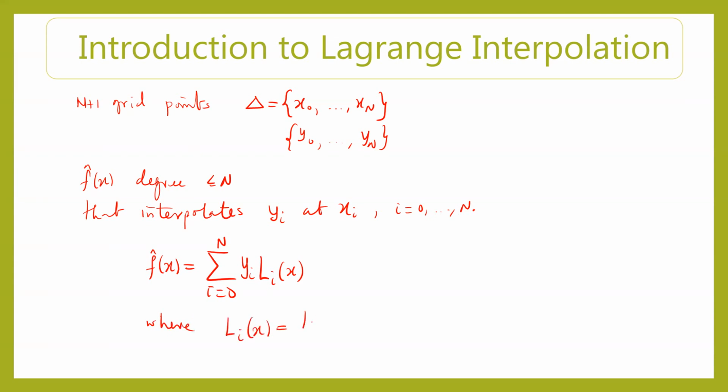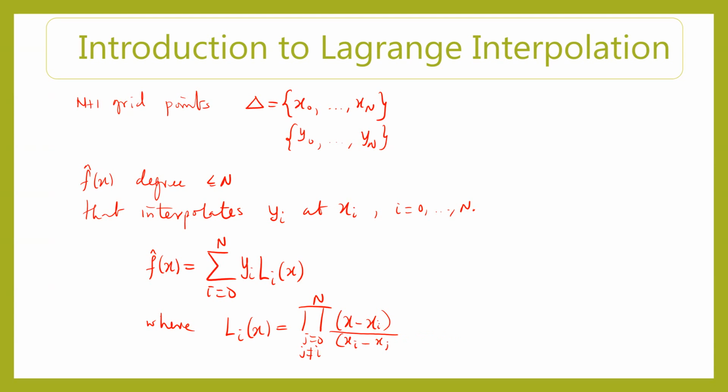Li of x is a product, okay, from j equal to 0 to n, j is different from i, of x minus xj over xi minus xj.